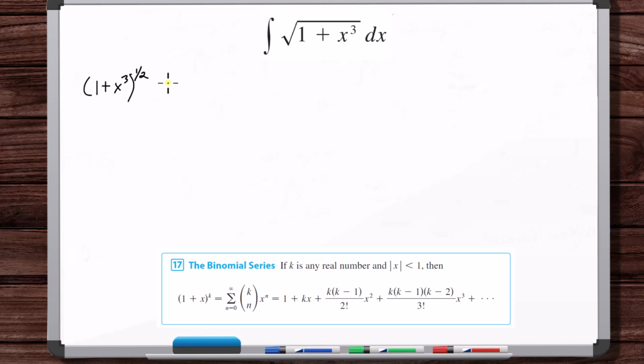Okay, so just matching this up, we've got k is 1/2, then x cubed to the n. Okay, so that's it.